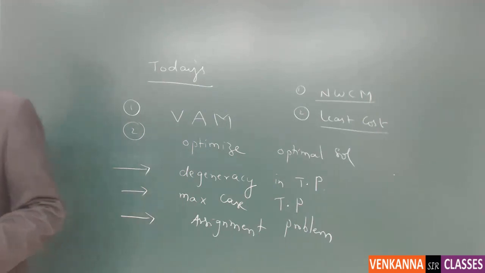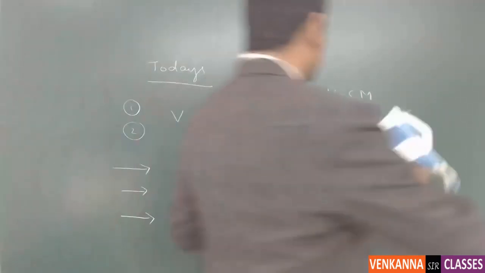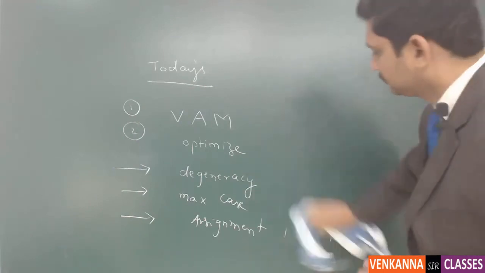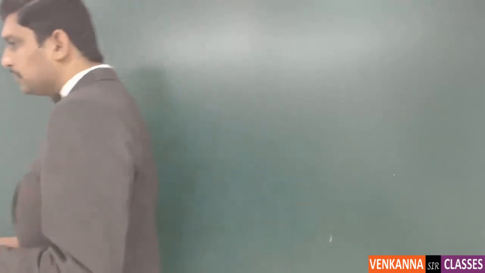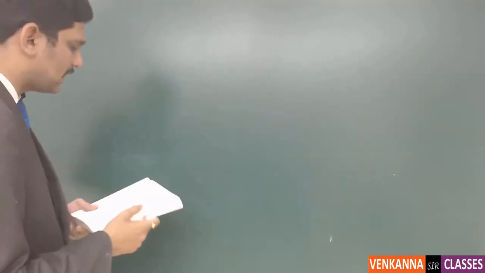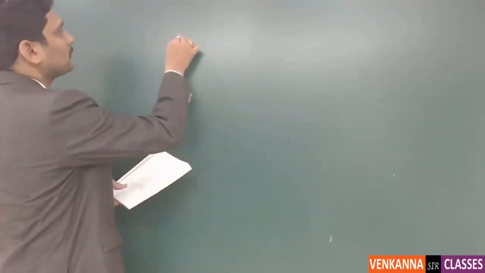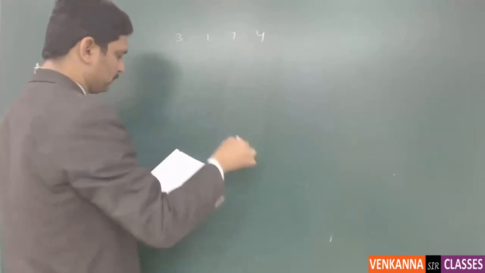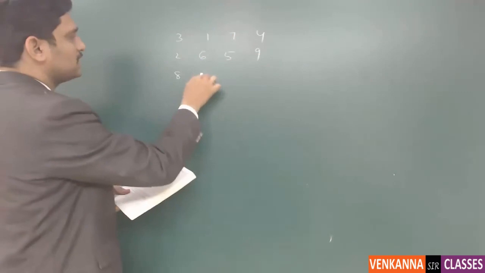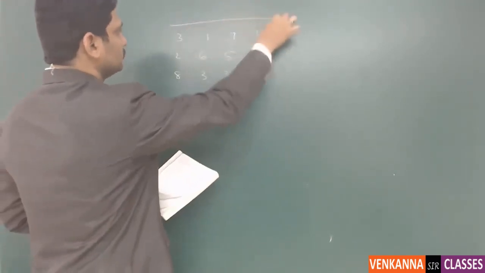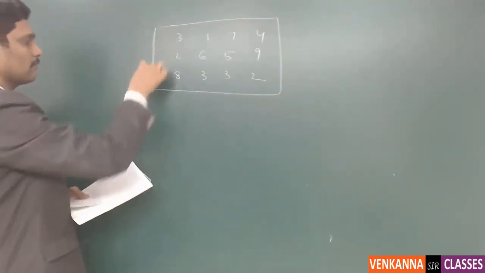So let us start the session. I am going to take the same problem which we have done earlier. We have the sources as well as destinations. The costs are 3, 1, 7, 4, 2, 6, 5, 9, 8, 3, 3, 2.